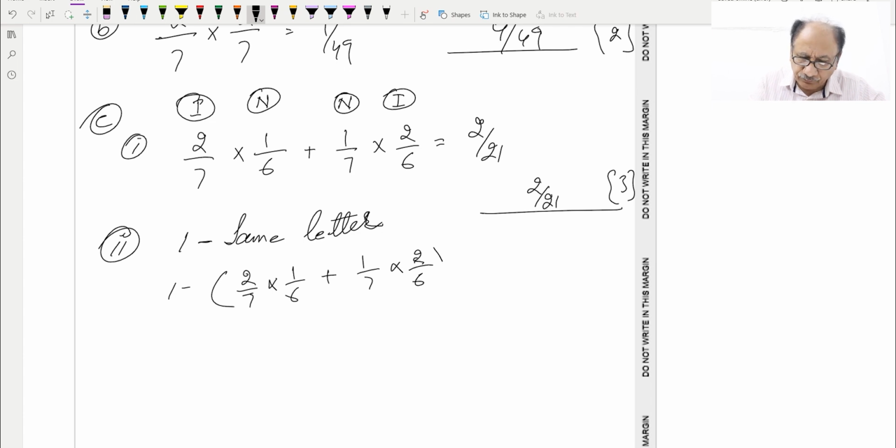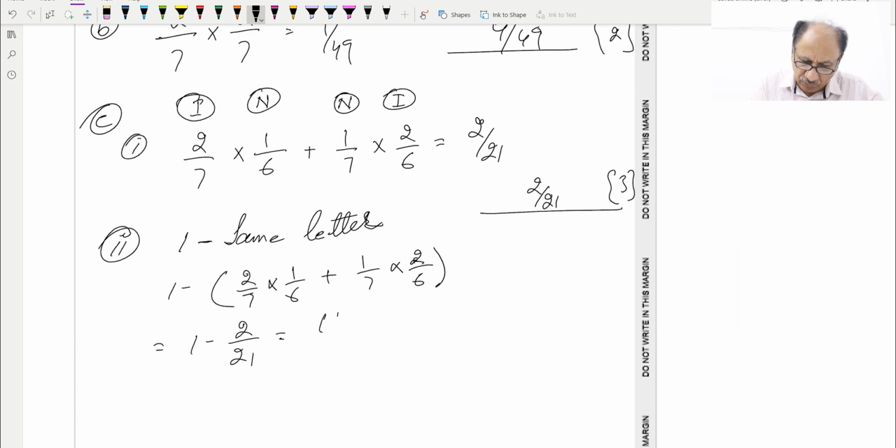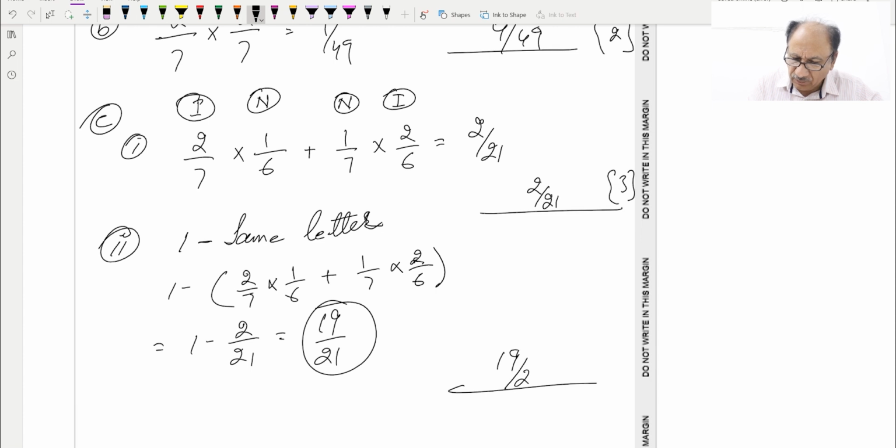So this is 1 minus 4 over 42 or 2 over 21, which we just calculated, and this will be equal to 1 minus 2 over 21, which is equal to 19 over 21, and this will be our final answer for this question, 19 over 21, and this is a 3 mark question. Hopefully you understood this question also.